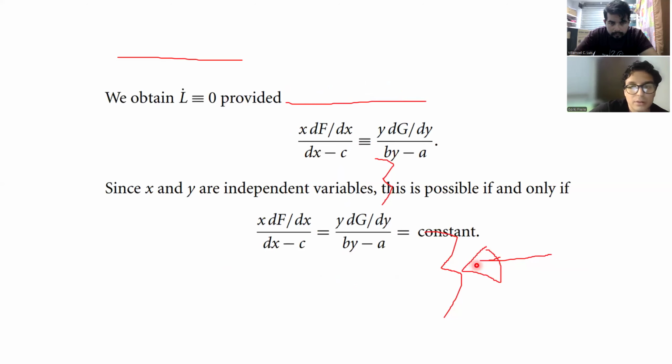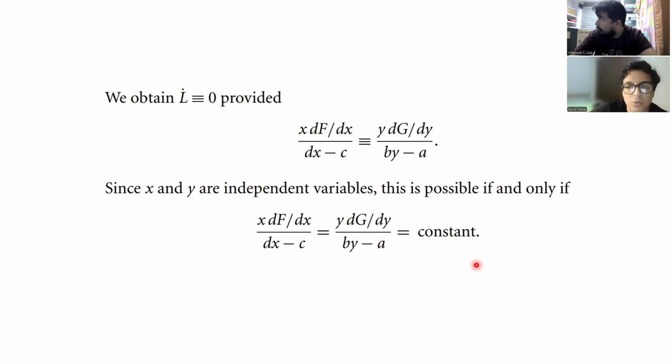With that expression, we simplify, and we obtain setting the derivative of L equal to 0. This is accomplished when we get this expression.